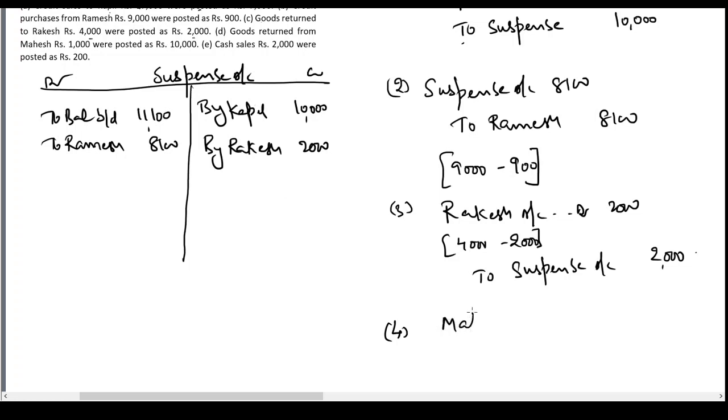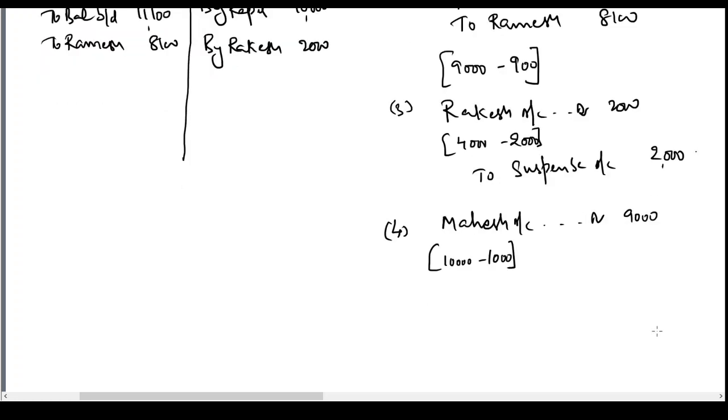I will debit Mahesh account. Why am I debiting Mahesh account? Because 10,000 is the wrong credit given. Only 1,000 should have been credited. So the excess 9,000 credit is now reversed by debiting Mahesh account. And I'll give credit to suspense.